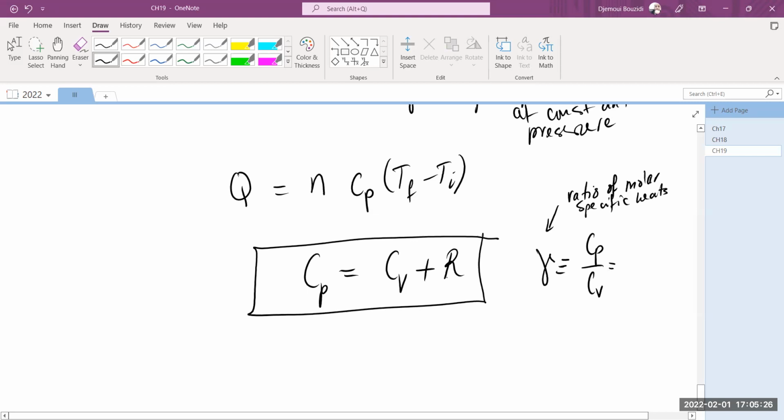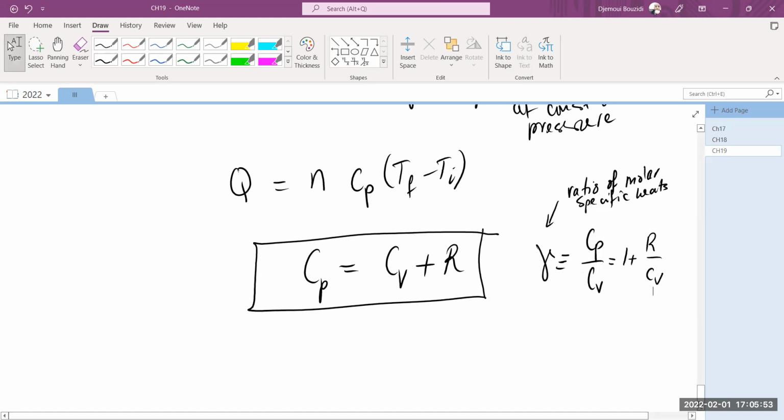It's clearly from this expression C_P over C_V is 1 plus R over C_V. In other words, if I know gamma, I can find C_V because R is constant. And if I find C_V, I can find C_P by multiplying by gamma. That's all. So gamma is a number that has no dimensions. It's a ratio. It has no units.